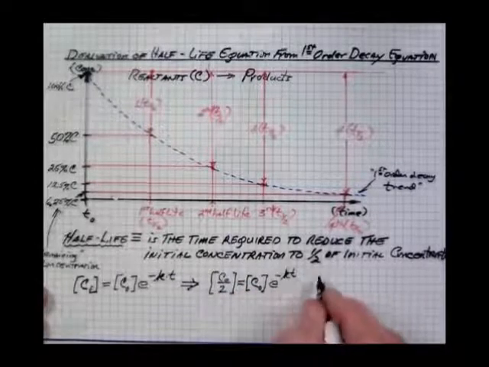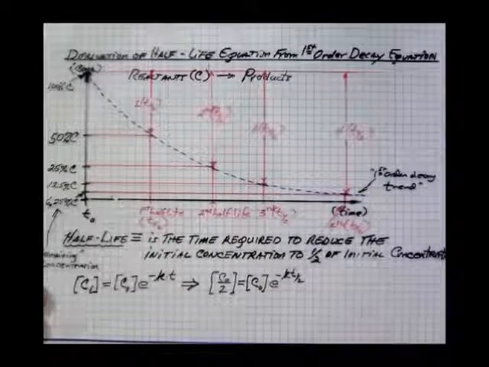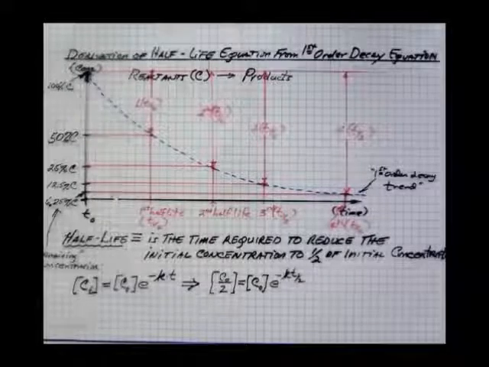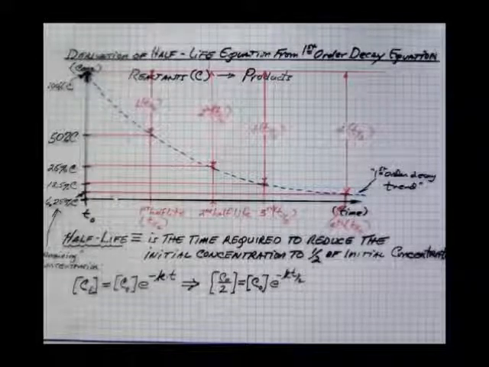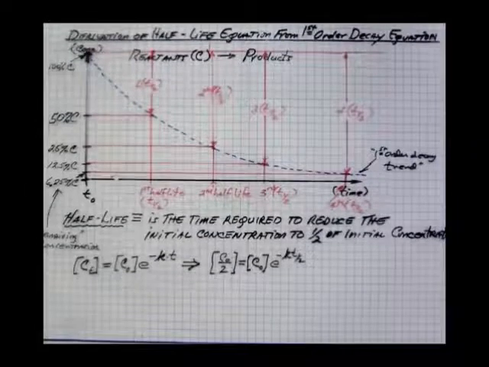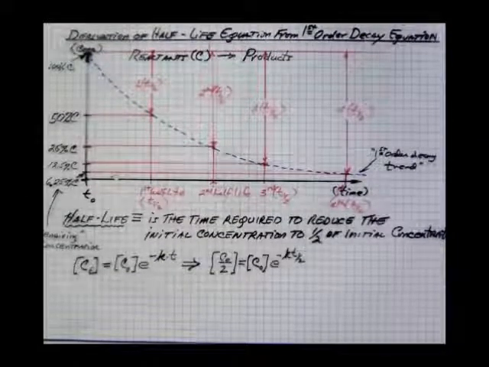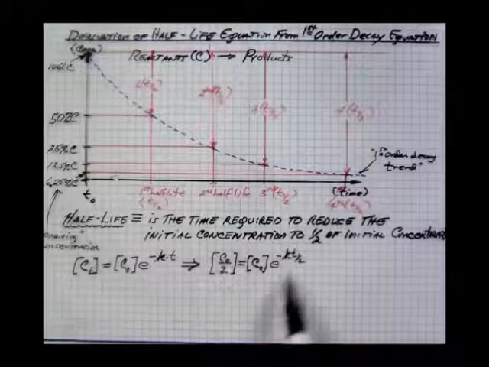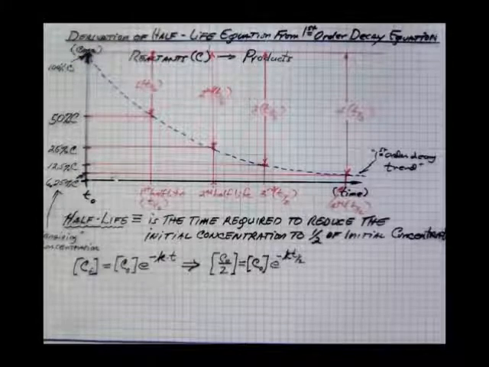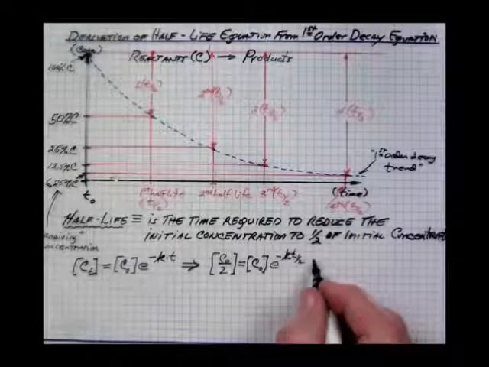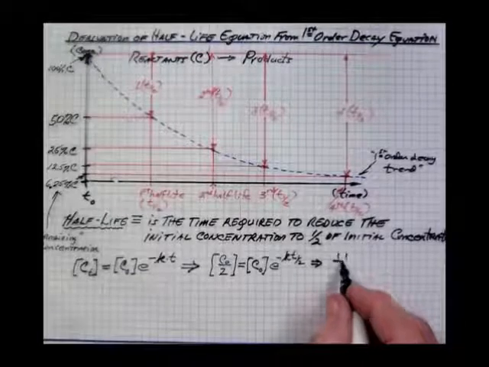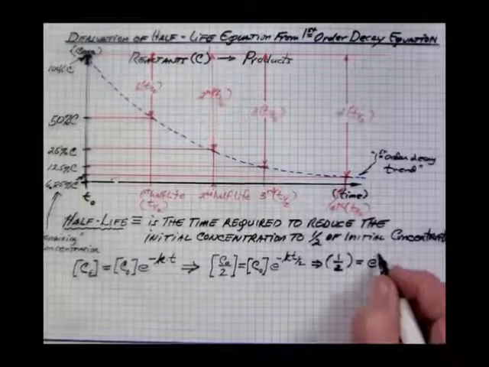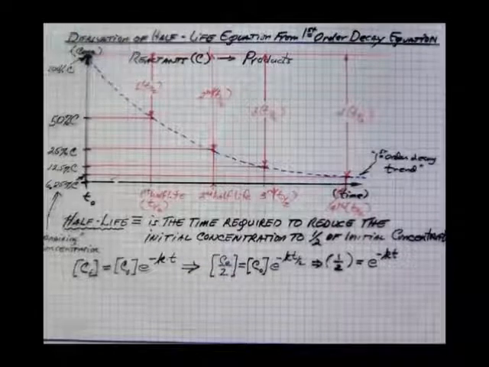When we substitute that, we embellish the equation with a subscript of 1/2 on the time term. If I divide both sides of this expression by C sub O, whatever it is, then I have 1/2 equals e to the minus kt.